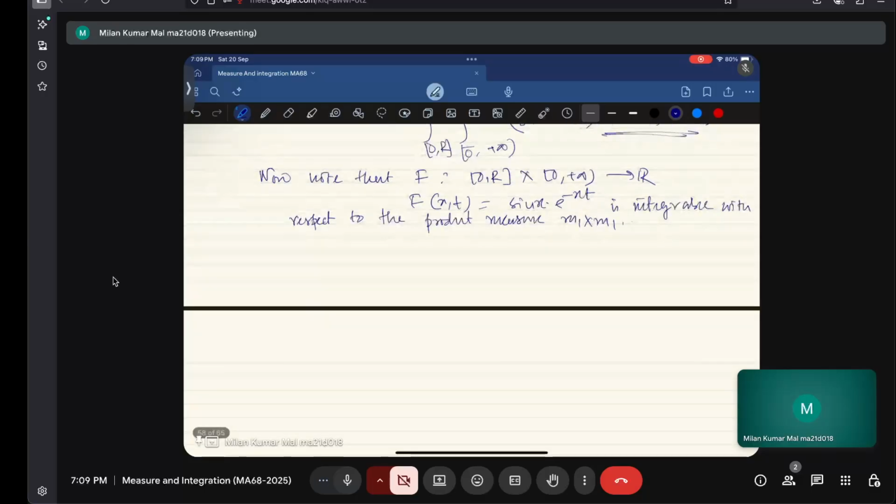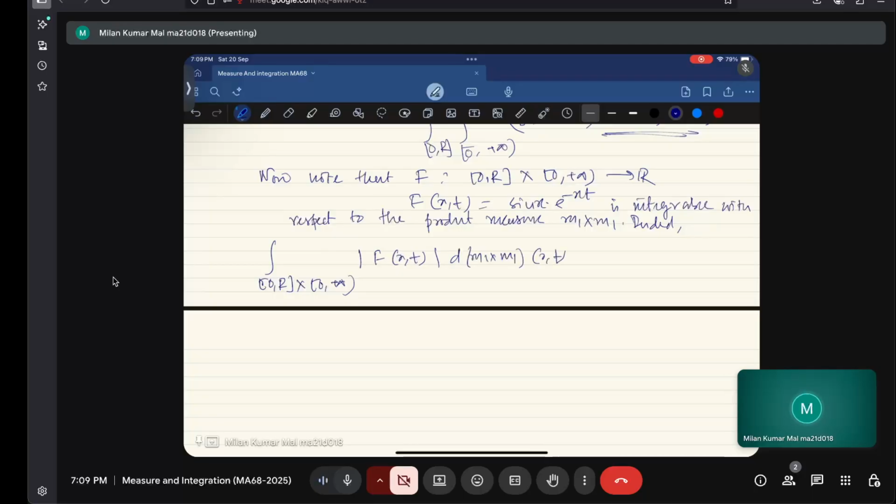Indeed, why? The integration over this particular set, 0 to r times 0 to plus infinity, of mod of f(x,t) d m1 times m1 at the point (x, t).